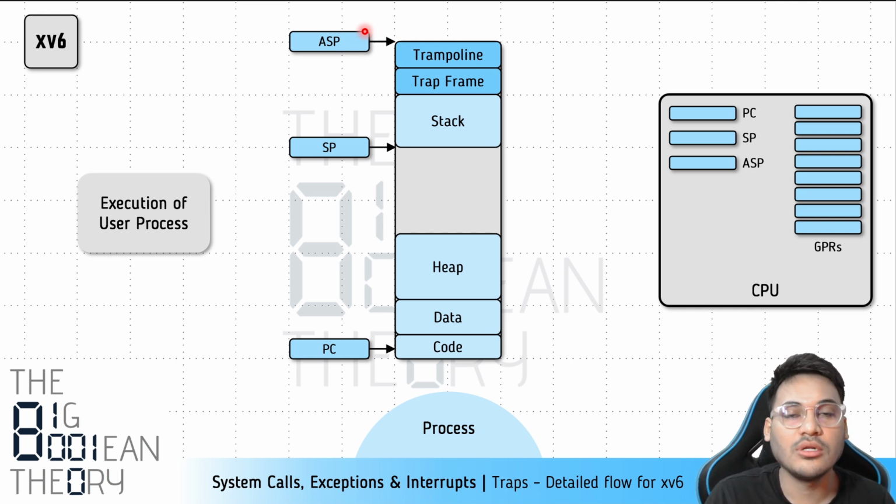So the overall idea here is that there are several user processes in a computer system. Let's say there are n user processes, and every user process has an address space associated with it. So if there are n user processes, then there will be n virtual address spaces.